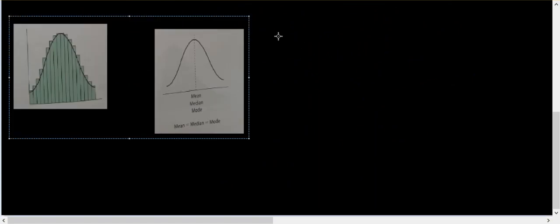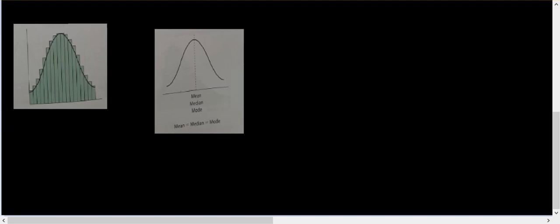What we have here is symmetrical data. This is what's known as a symmetrical distribution.